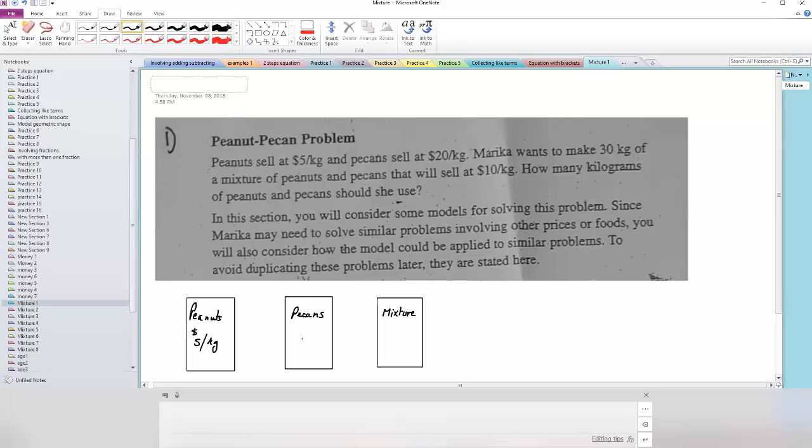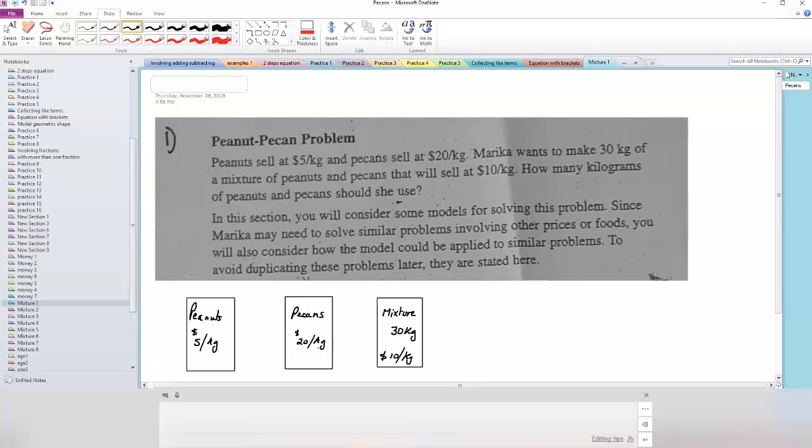The pecans, it's $20 per kilo. And Marika has a goal to create this mixture, and she knows exactly how much of the mixture she needs, 30 kilo, and she knows it's going to cost $10 per kilo.